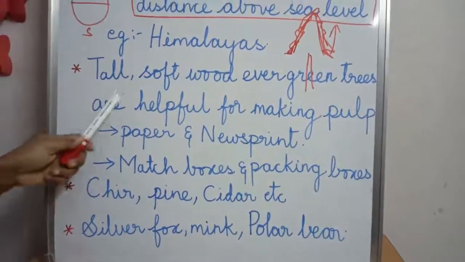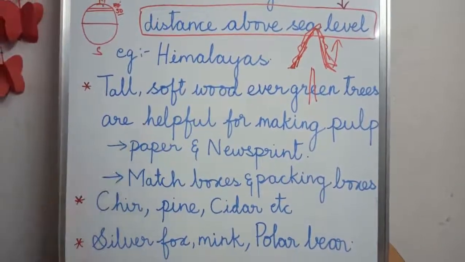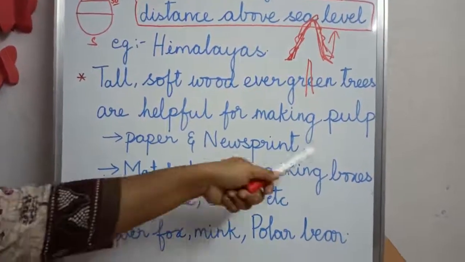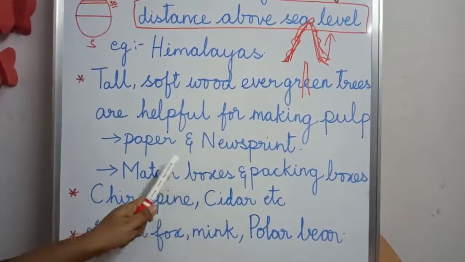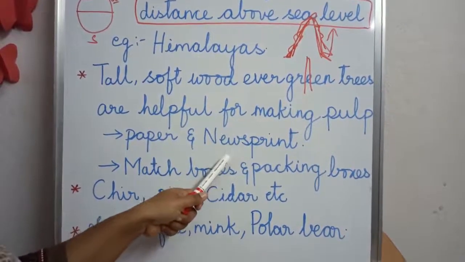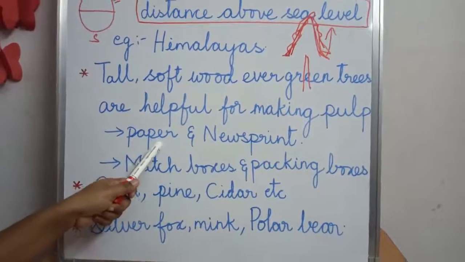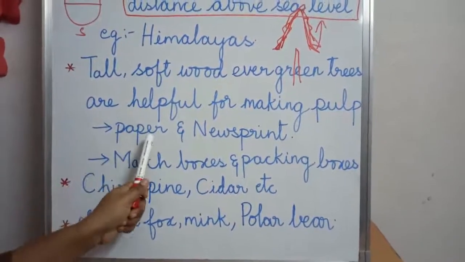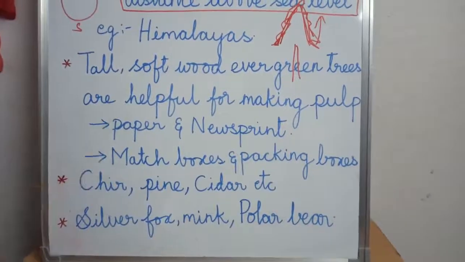And you know, children, the pulp of these softwood trees is very helpful for making paper and also newsprint. Children, paper is different, newsprint is different. Newsprint is rough paper, right? That is recycled paper, while this is freshly made paper. These kinds of papers can be made with the help of the pulp of softwood trees.